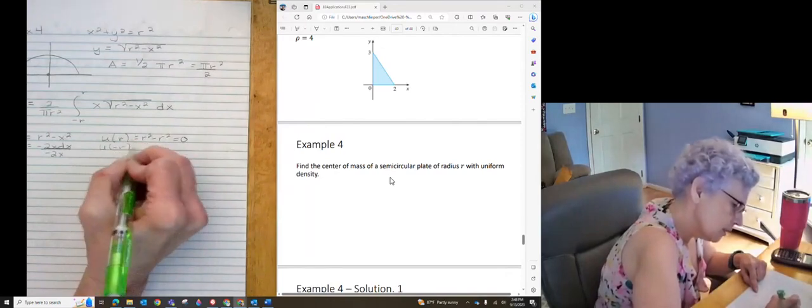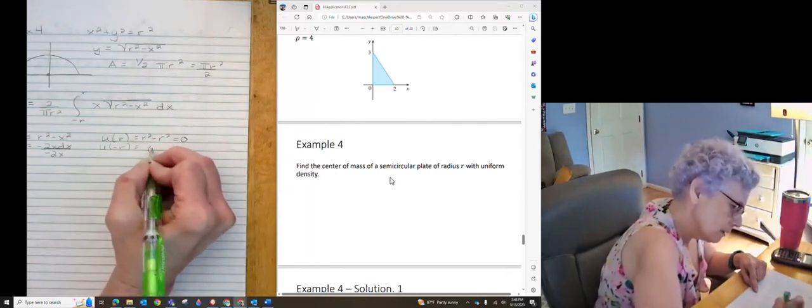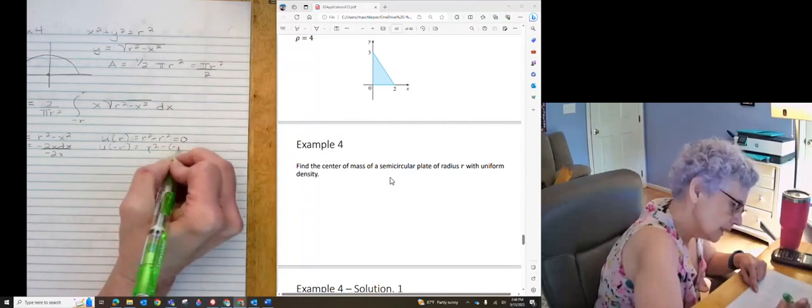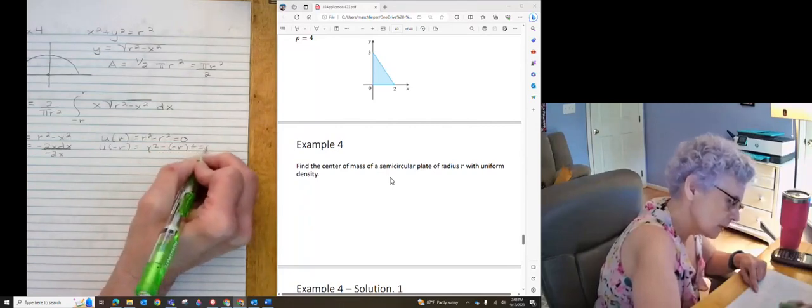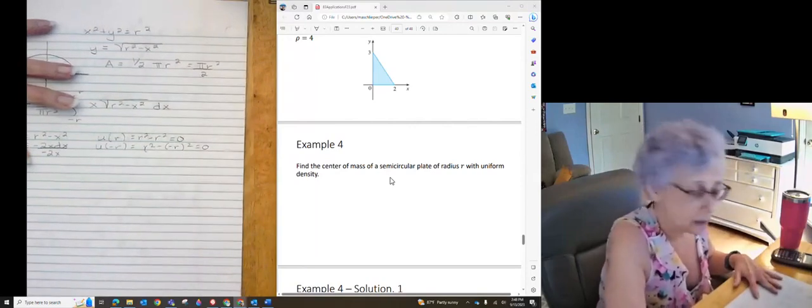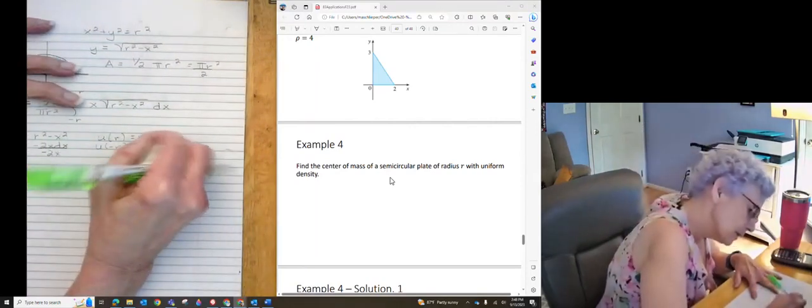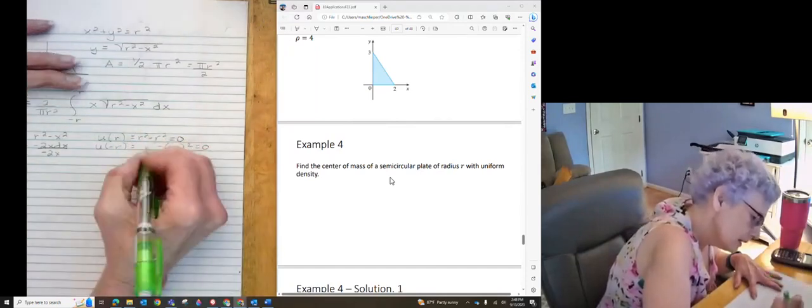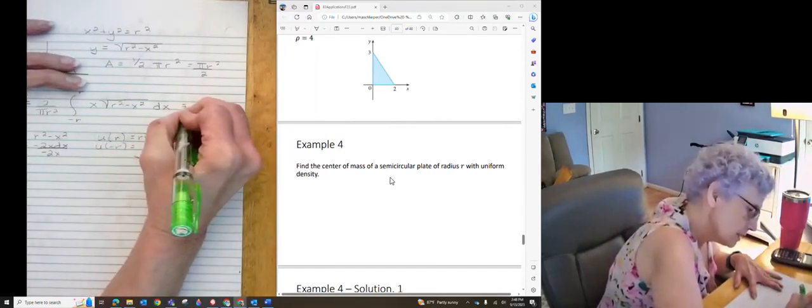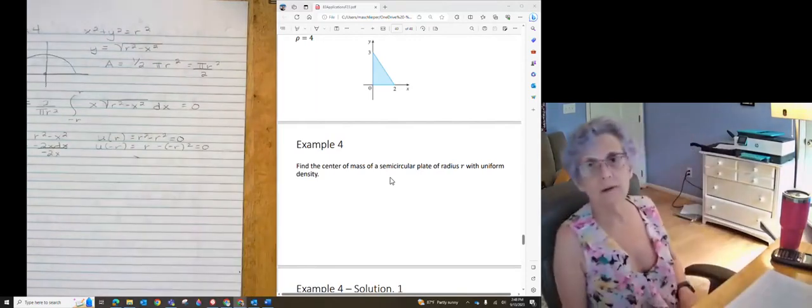If I plug in u of minus r, I get r squared minus negative r squared, which again is 0. So this is equal to 0.